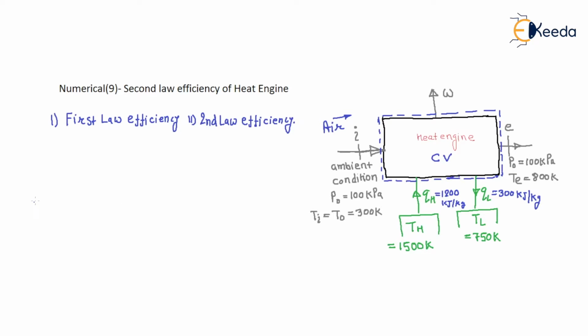So what is your assumption? The assumption is a steady state steady flow device. If the device is a steady state steady flow process, that means any change of a property of a control volume with respect to time is 0.